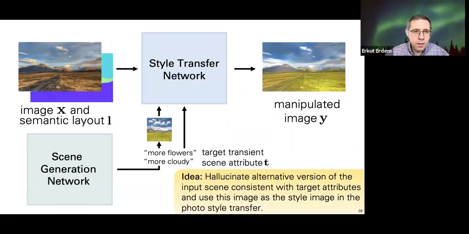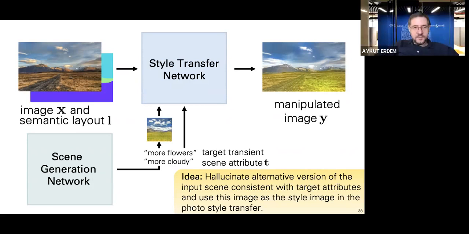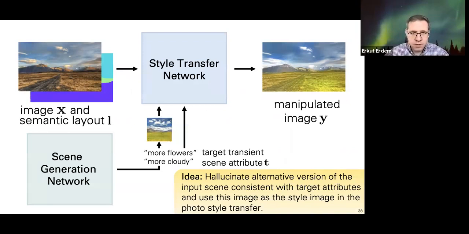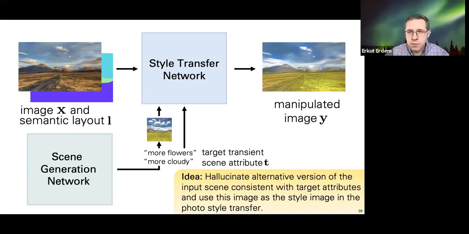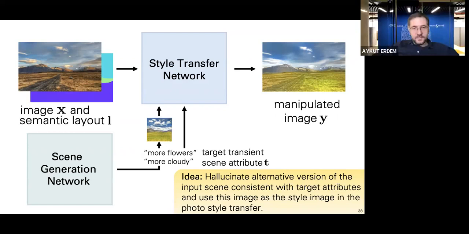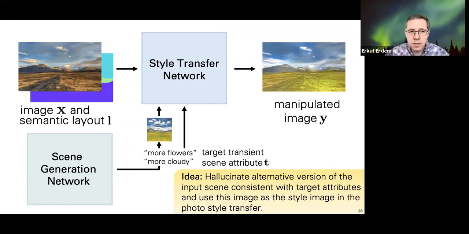So in a nutshell, I can say that our approach includes two separate networks. One is called the scene generation network. In fact, this part is our main contribution. And then there is a separate style transfer network, which, as its name implies, is responsible for transferring the style of the image generated by our scene generation network.